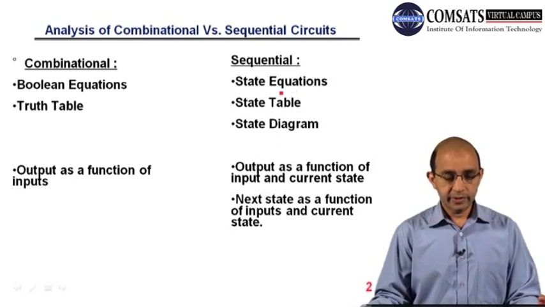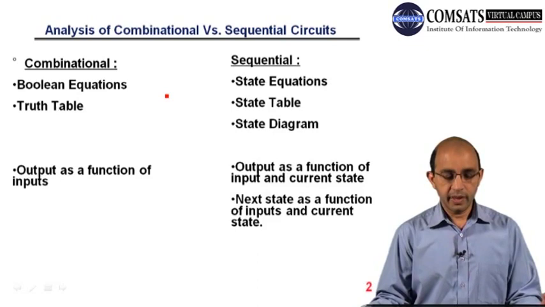You can see that over this slide we have two columns. On the left we have the combinational and on the right we have the sequential. Whenever we are making combinational analysis, we normally come across Boolean equations and we draw truth tables.